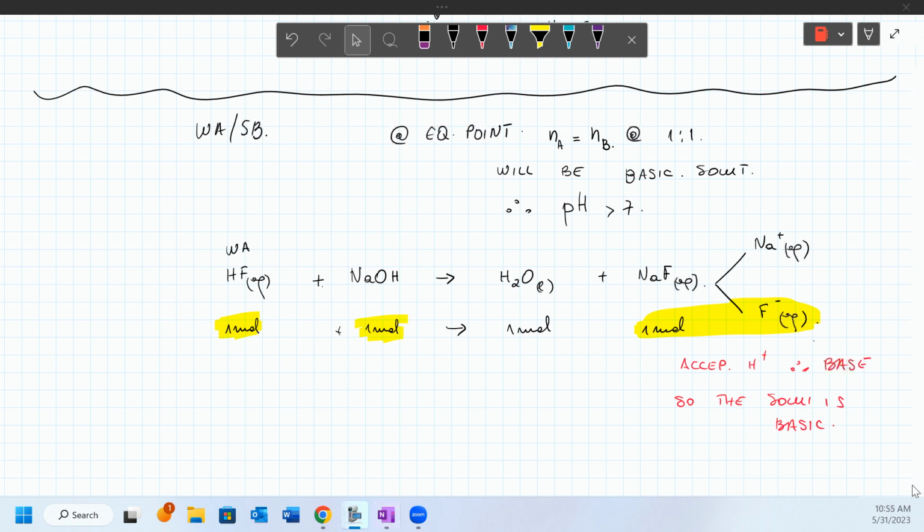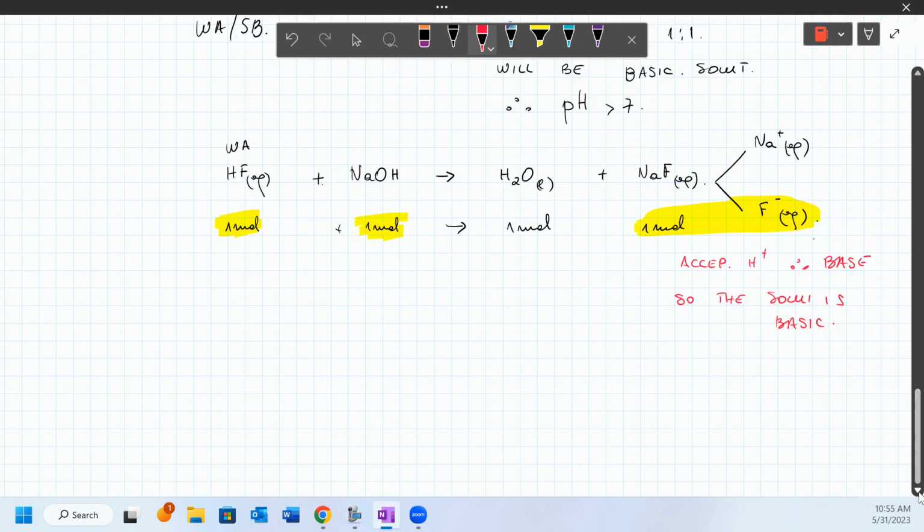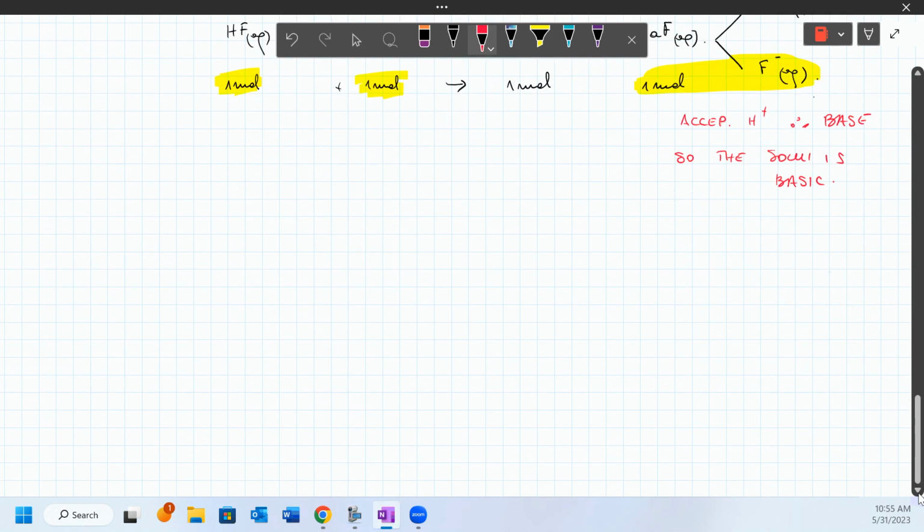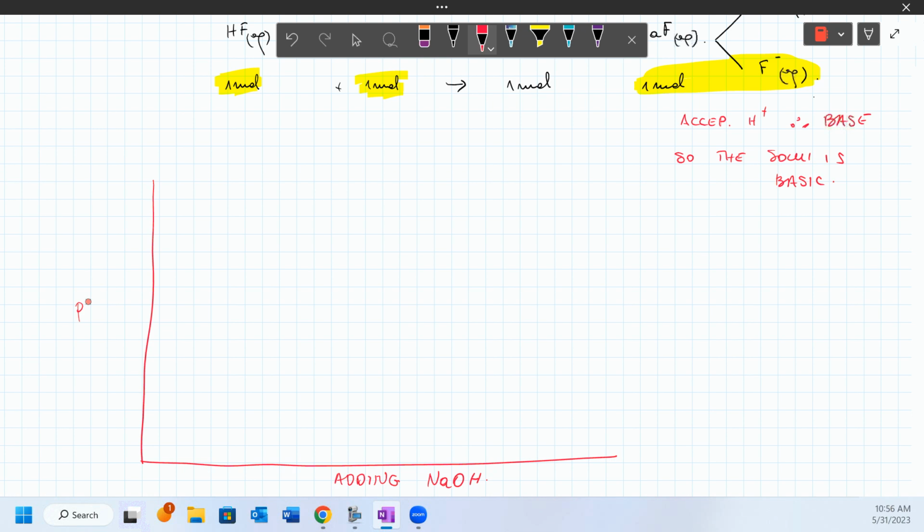So the pH curve in this case, when we are adding a strong base into a weak acid, will be something like this. When we are adding NaOH, we will start with a low pH because we have a weak acid. So the start point is somewhere in here, let's suppose. Since we have a weak acid, what do you think we will have as the start?